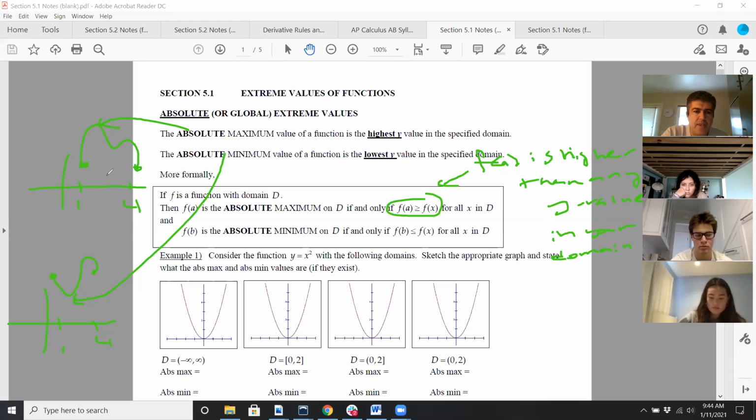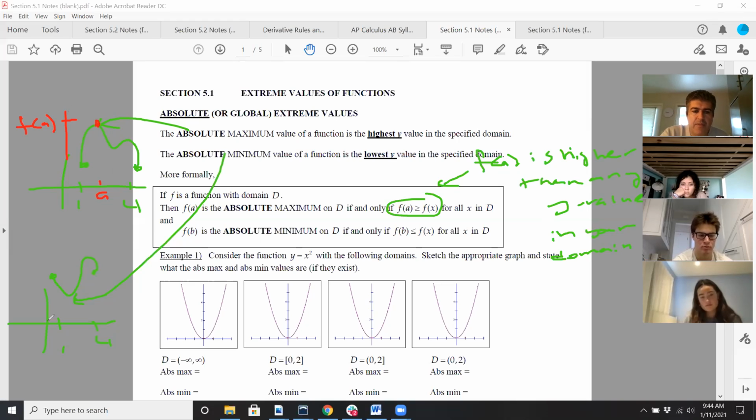And so if I call this a right here, let me change colors for a bit of contrast, that of course would be f of a. So f of a is higher than any y value within our domain.